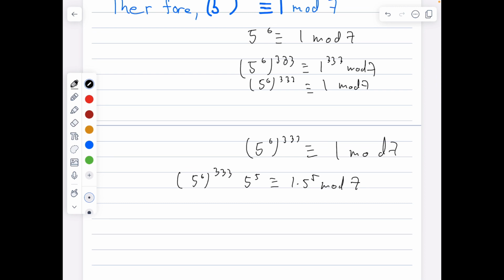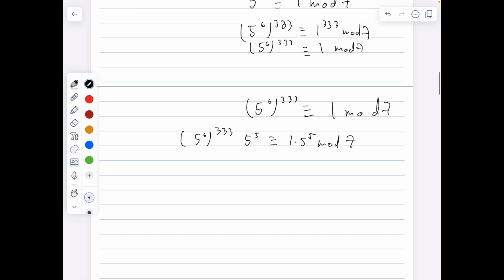Maybe it's not written out explicitly in a lot of discrete math classes, but we can do that here essentially, and it works out. Just think of it as multiplying the congruence on both sides by 5 to the 5th. So that works out, and that's still true. And this side now is like saying 5 to the 2003 is congruent to 5 to the 5th mod 7.